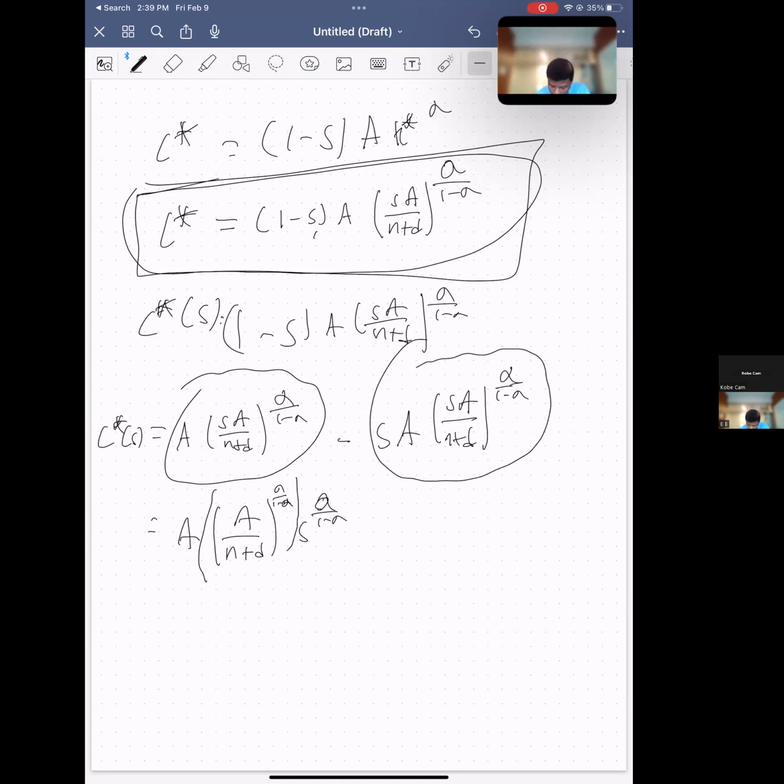And just like the other one, this is the same thing as S times S to the a over 1 minus a, times (n plus d) to the negative a over 1 minus a. So why is this true?